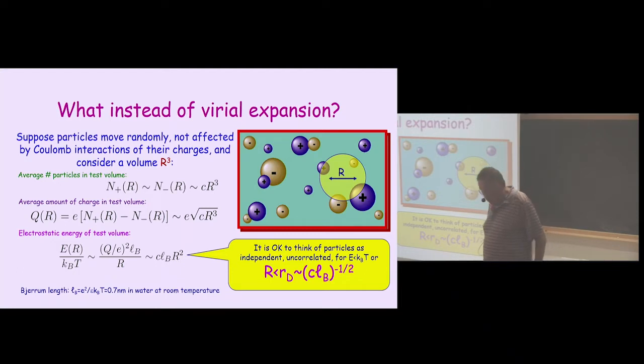Okay, so this is the electrostatic, energetic price of the fact that they move independently and collect some charge imbalance over this volume. If this charge imbalance energy is smaller than kT, they don't care.